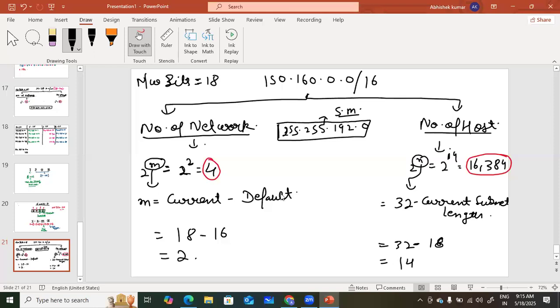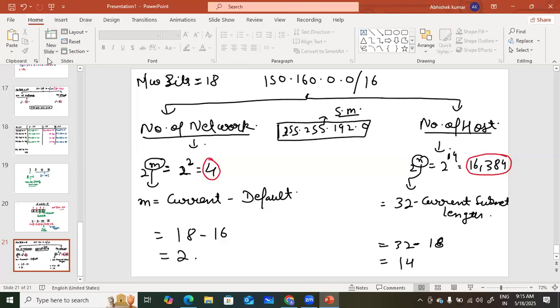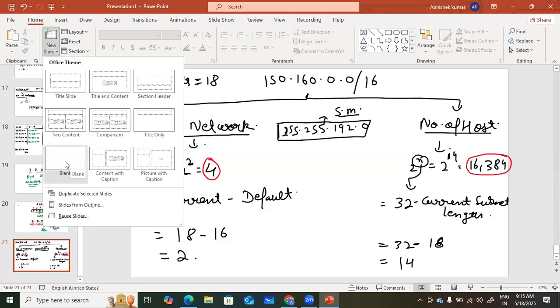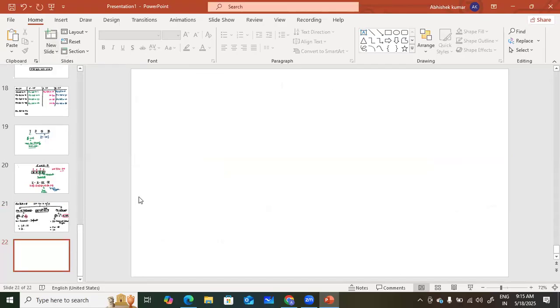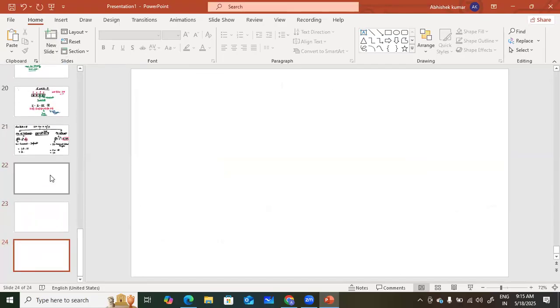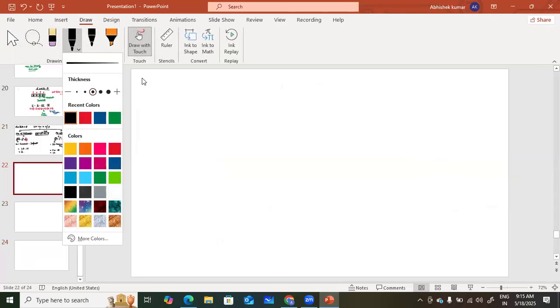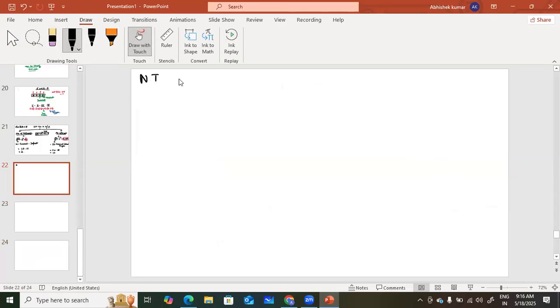Now let's make the table: network ID, first IP, last IP, and broadcast IP.